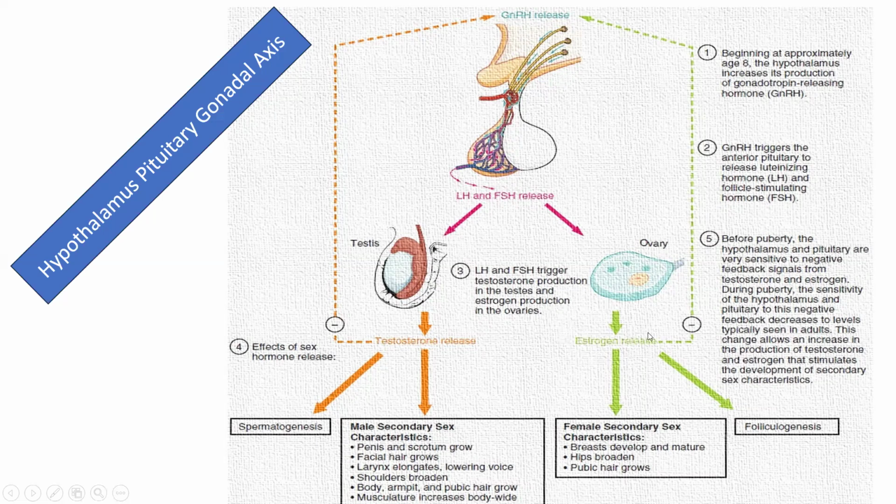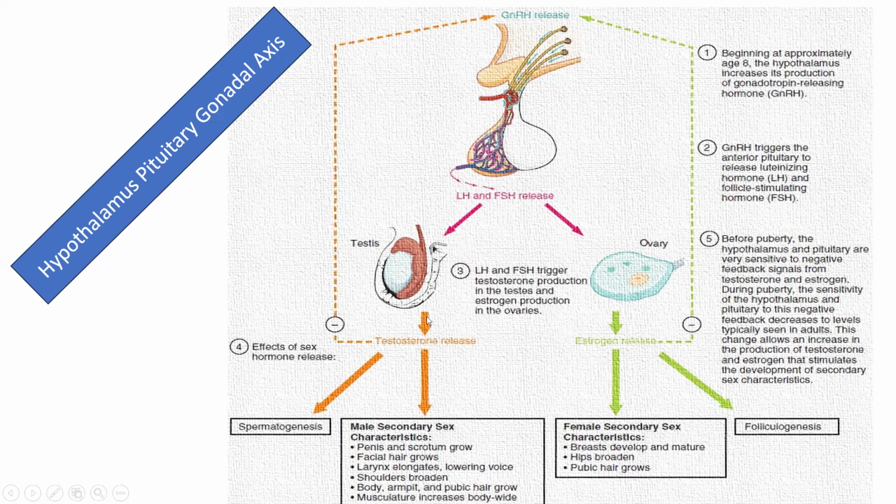If estrogen is released from the ovary, it causes folliculogenesis. It is also responsible for female secondary sex characters like breast development and maturation, broadening of hips, and pubic hair growth.